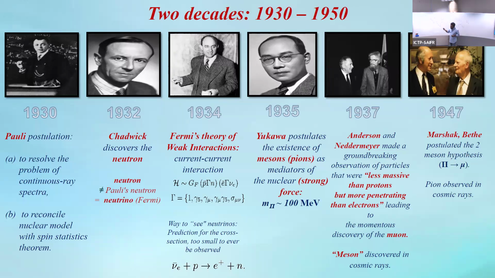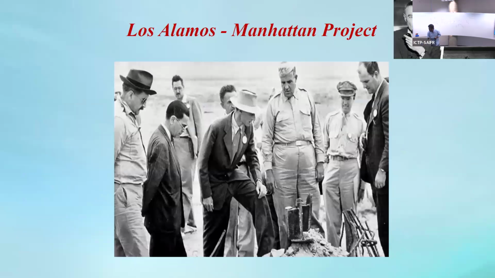But even after the muon discovery, when Anderson and Neddermeyer made this groundbreaking observation, people were thinking the muon may be some kind of excited state of the electron, maybe not a second family. So when we get to know about the two-neutrino hypothesis, I'm coming to that in the next slides. So then an interesting thing happens.